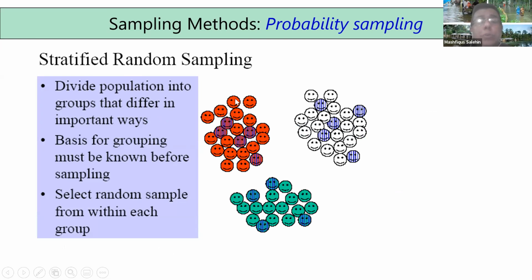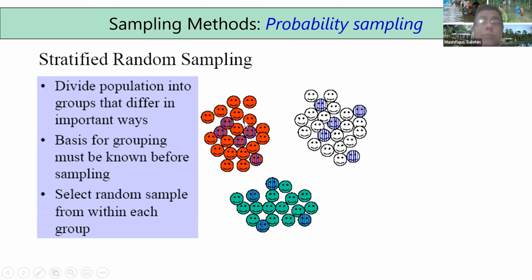Your population or sampling elements have different characteristics, so you divide your population into groups that differ in different ways. Each group has some similar characteristics and some different characteristics. Once you divide your population into these strata, you do your sampling from each stratum.